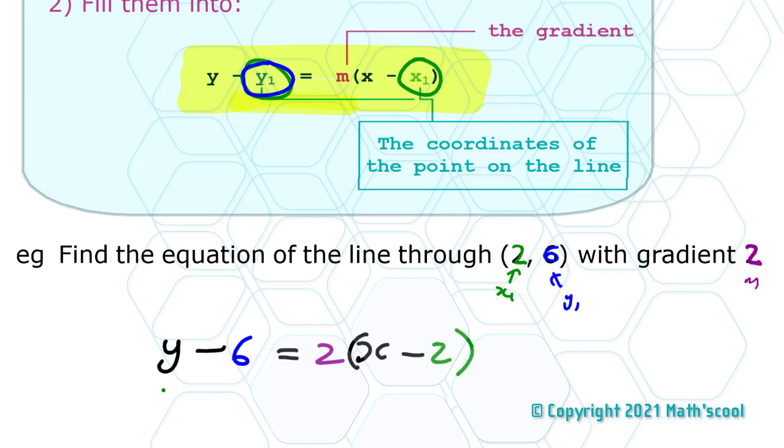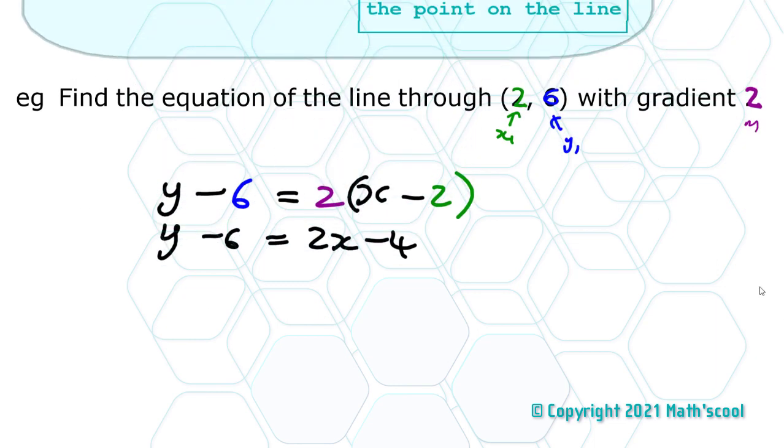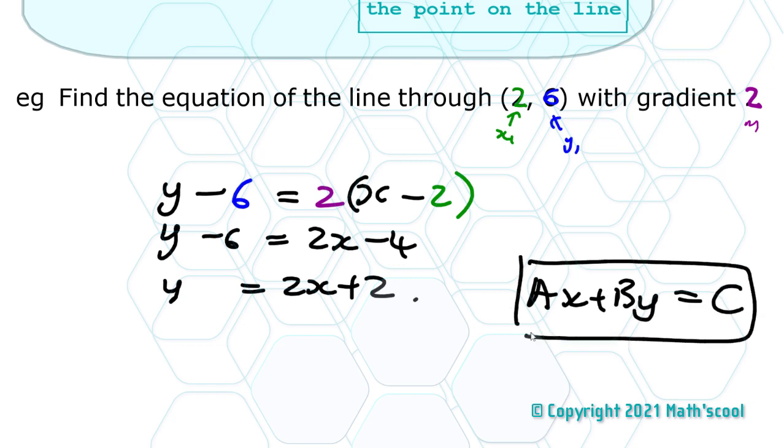And then let's multiply it out. y minus 6 equals 2x minus 4. In A-level maths, we don't tend to write it as y equals 2x plus 2, though you can. We mostly tend to write it in the form ax plus by equals c, so x's and y's on one side, numbers on the other side.